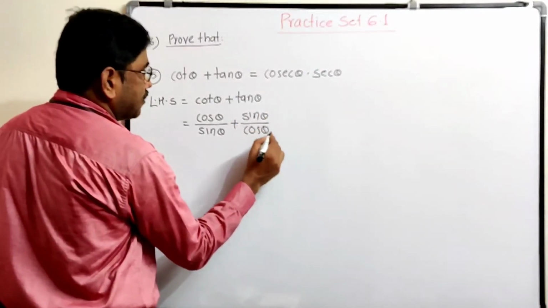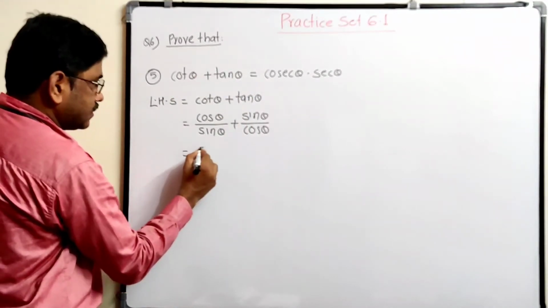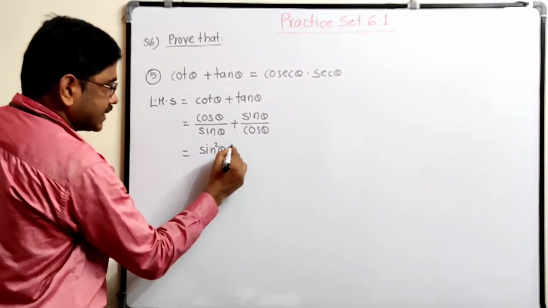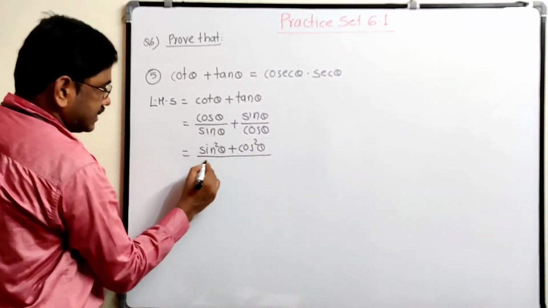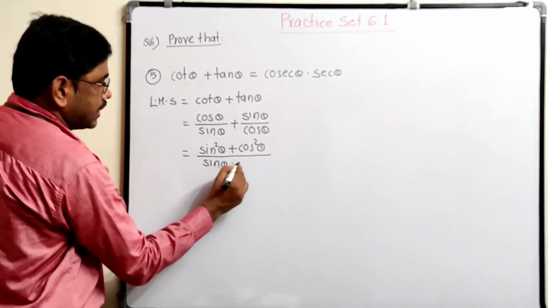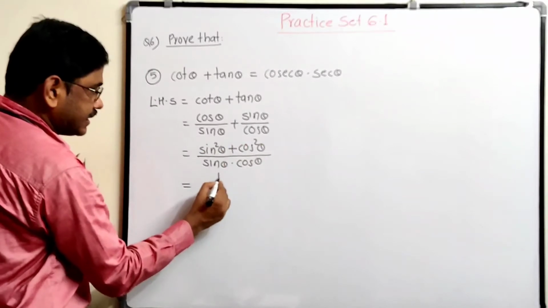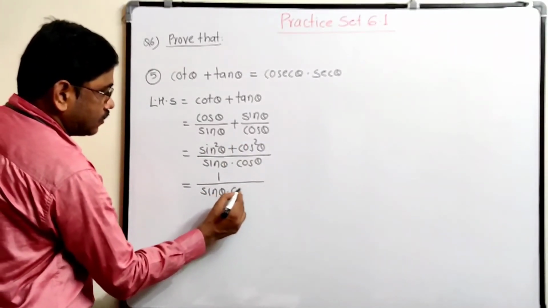You know here formulas are very very important. So by cross multiplication we get sin square theta plus cos square theta divided by sin theta into cos theta. So the numerator becomes 1, by the identity, 1 upon sin theta into cos theta.